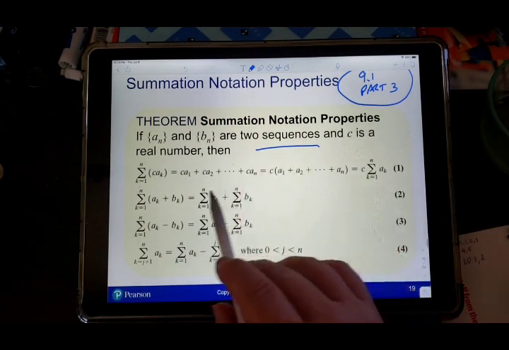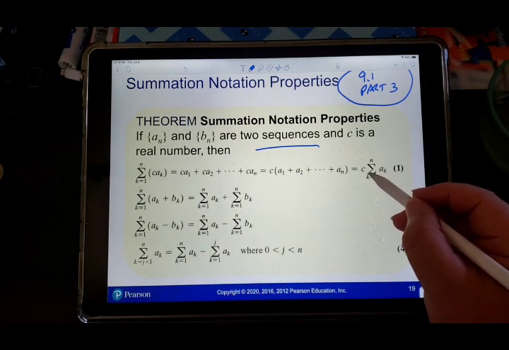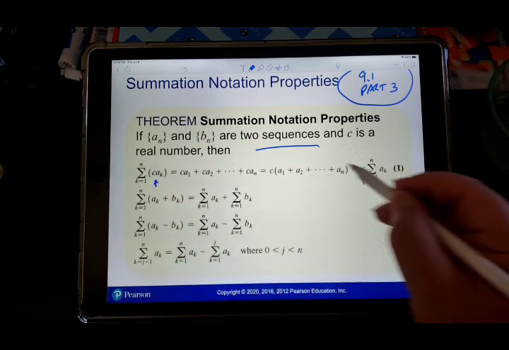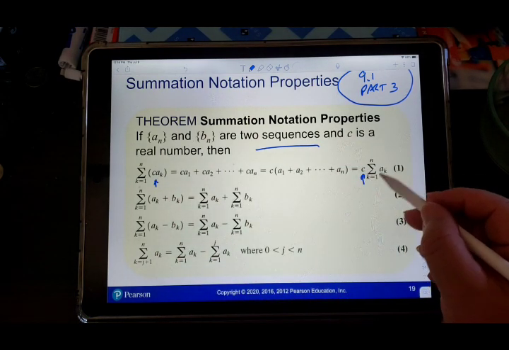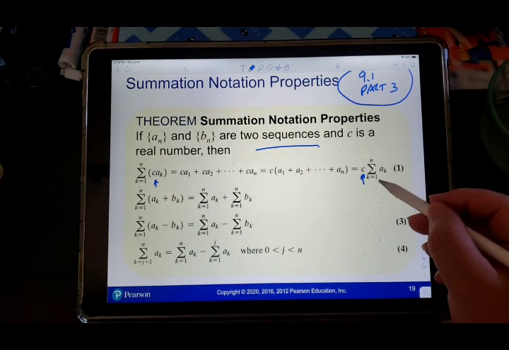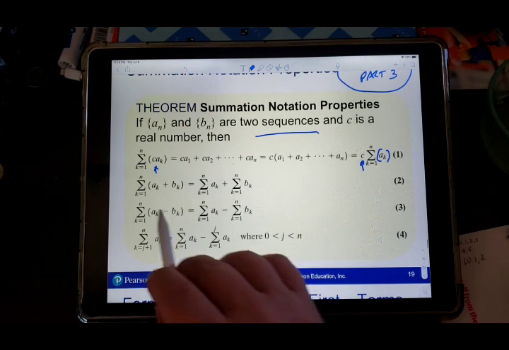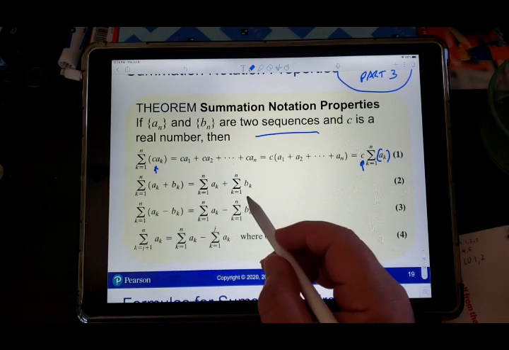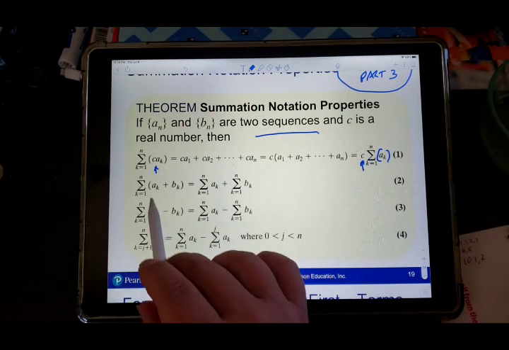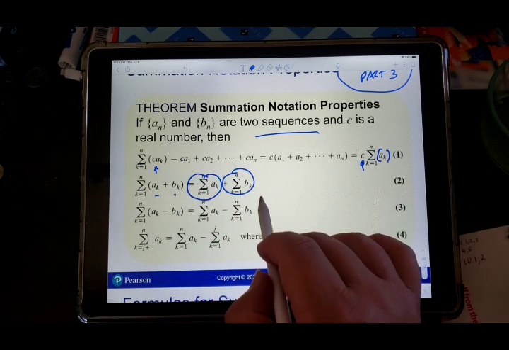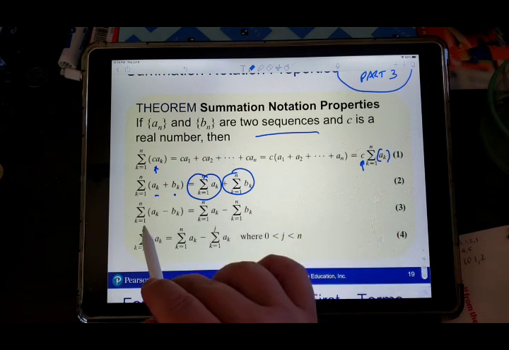All right, so I already talked about this one in the other video, that we can factor out the c, whatever that constant term is, and it gives us just the formula involving the variable. Since you can add in any order, these next two make sense. If I have the sum of two formulas, I can add them up separately, and that's sometimes important.